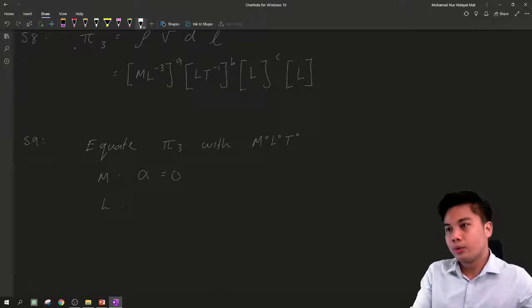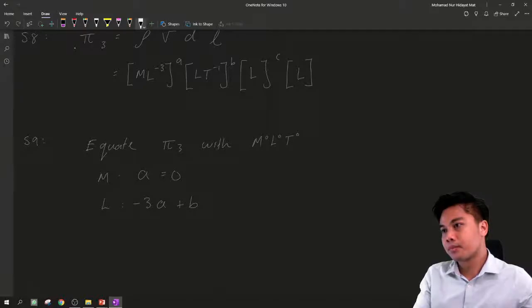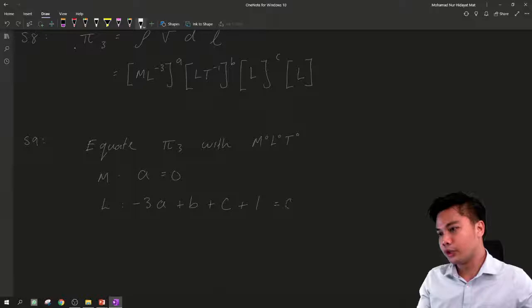For L, we have negative 3A plus B plus C, and we have one more L, so L to the power of negative 3A plus B plus C plus 1 equal to 0.